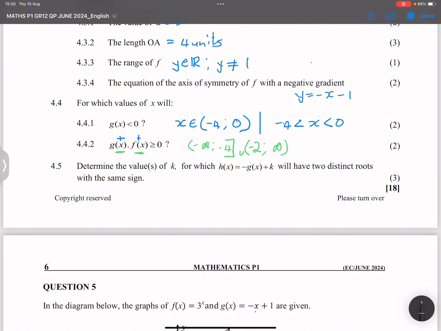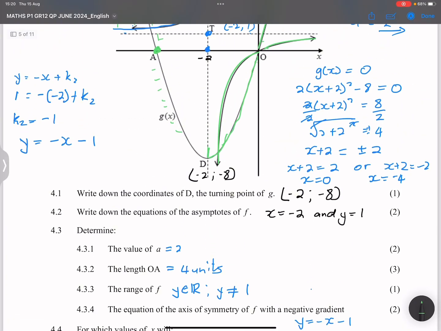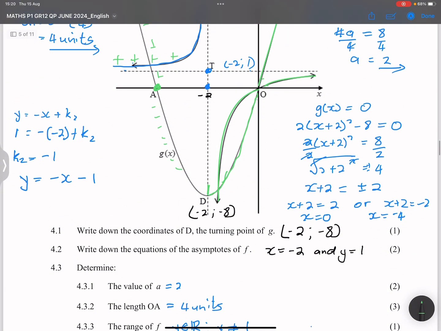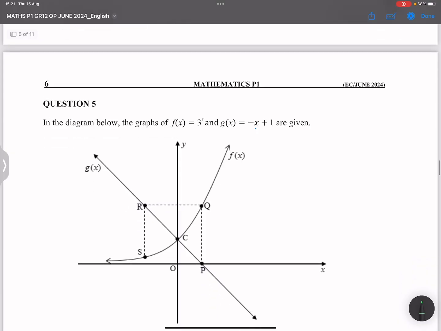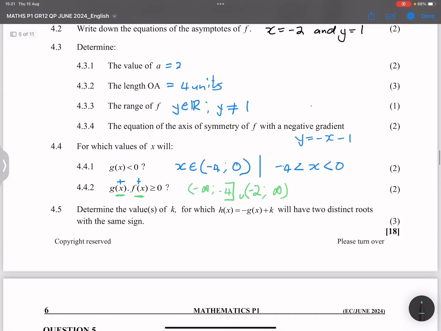And then from negative 2, which is excluded, because the other graph, the graph of f, is undefined there, and all the way to infinity. In this case, it will be included there, right? And that is our solution.